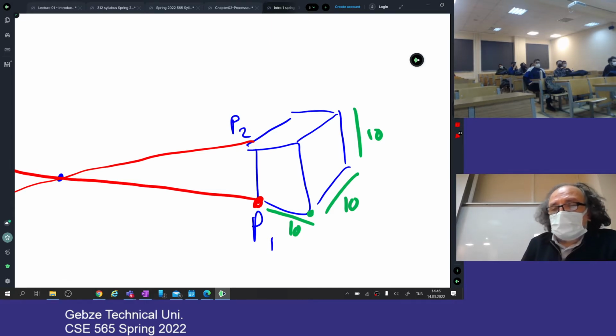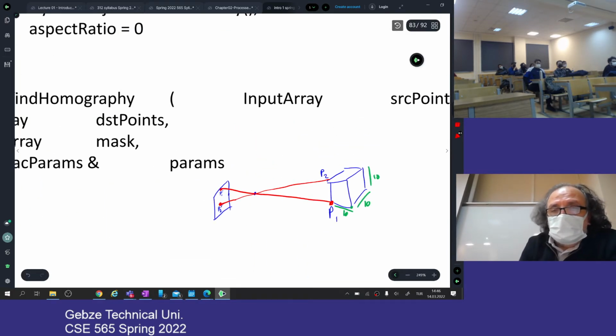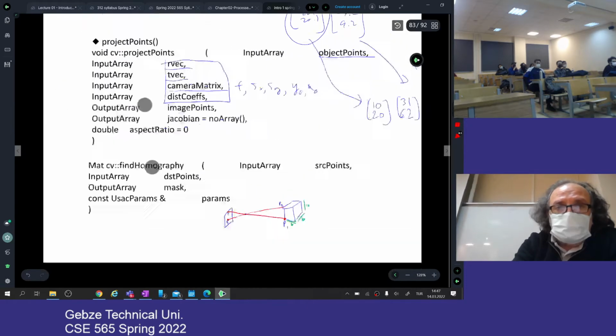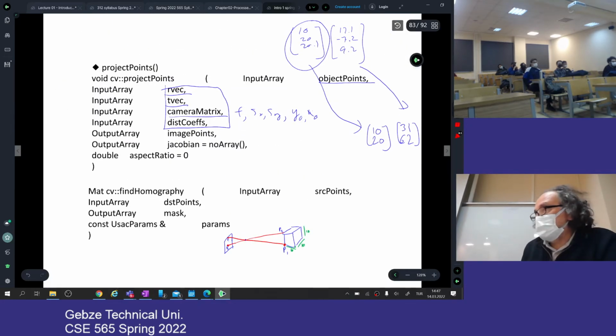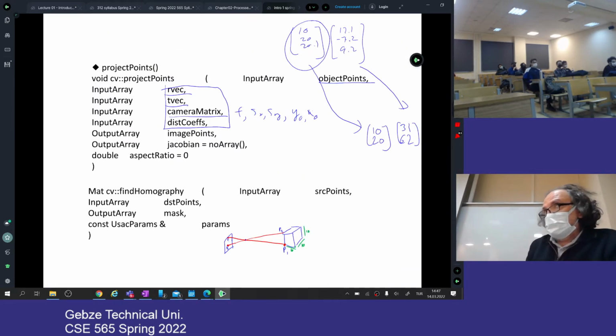Then I can find the other positions in the real world and feed them to my projectPoints function. Nobody defines the origin of this world in terms of 3D geometry. That's up to me most of the time, and usually that depends on your camera calibration routine. When you do the camera calibration, you are going to see how we define our origin.